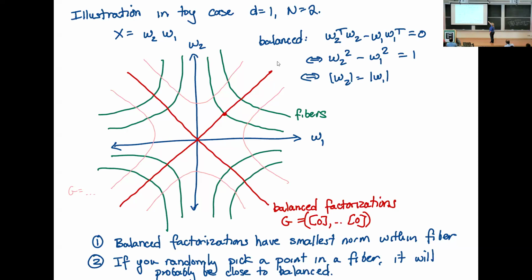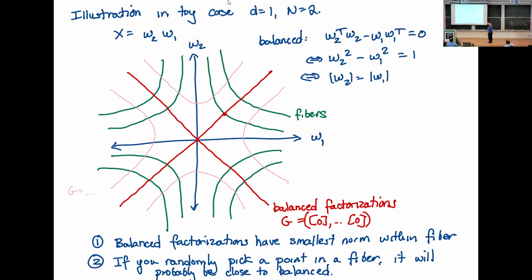If you remember what the balanced condition was, when I specialize to the case of one-dimensional numbers, it becomes W2 transpose W2 minus W1 W1 transpose equals 0, which turns out to be norm of W2 equals norm of W1. So these red lines are the balanced factorizations in this case.